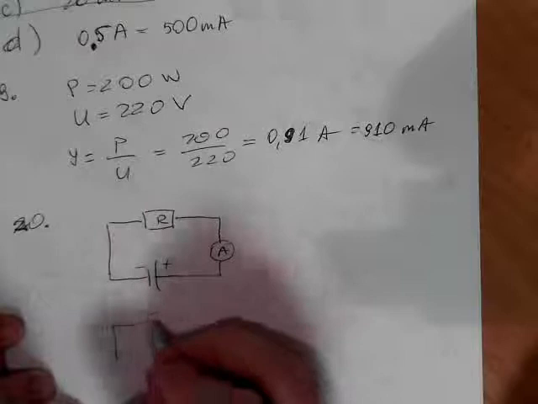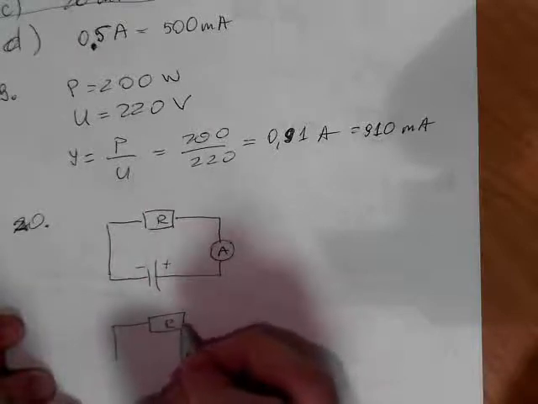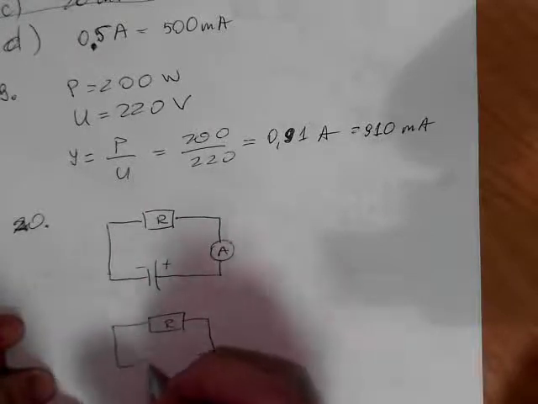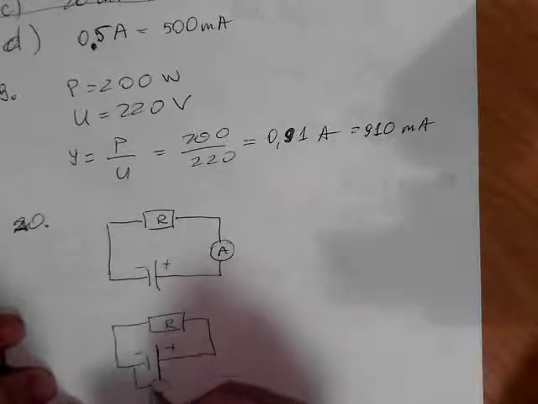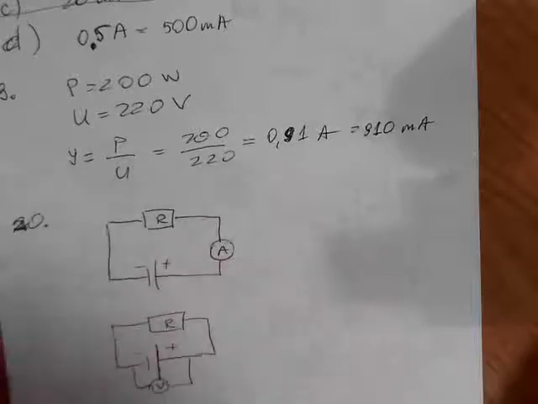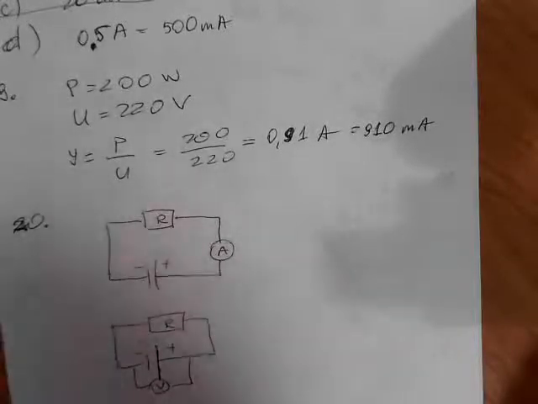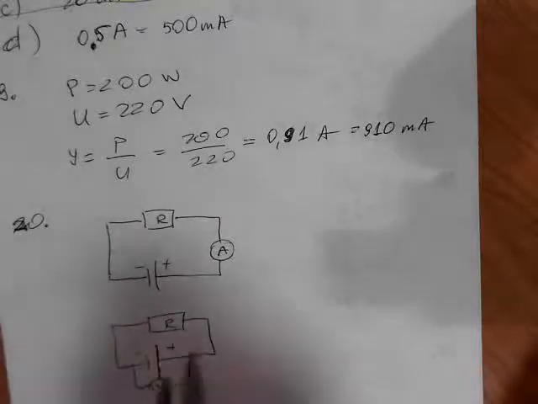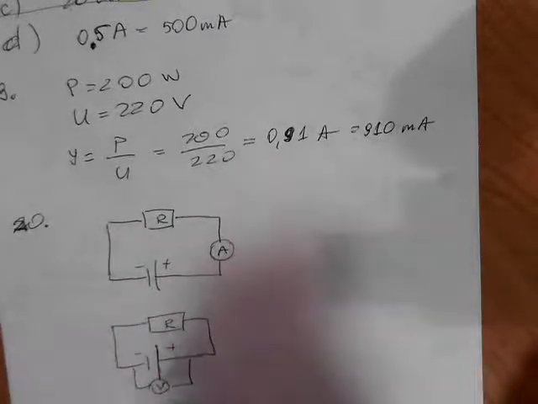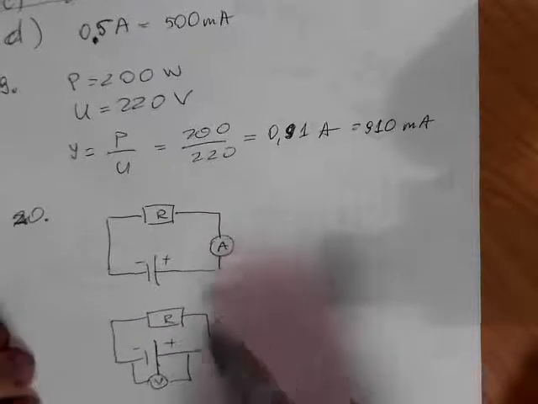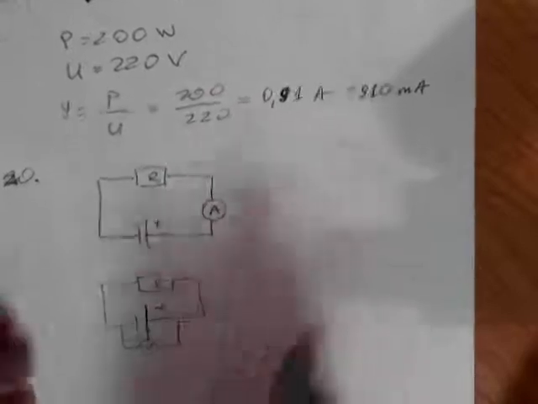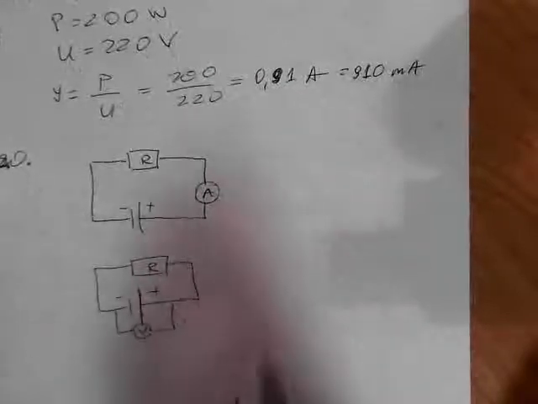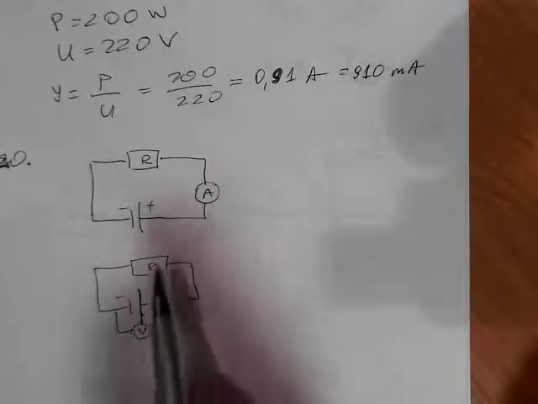The voltmeter is connected in parallel. Why is it in parallel? You can think, or you can Google. I won't ask you this question, but you can find it yourselves. It depends on the resistances of the ampere meter and voltmeter, so that it would not make discrepancies in the current flowing.